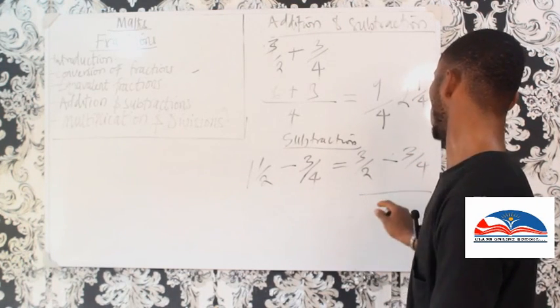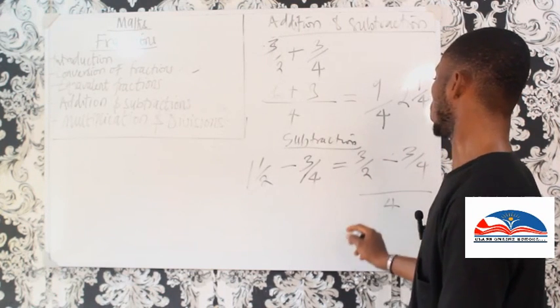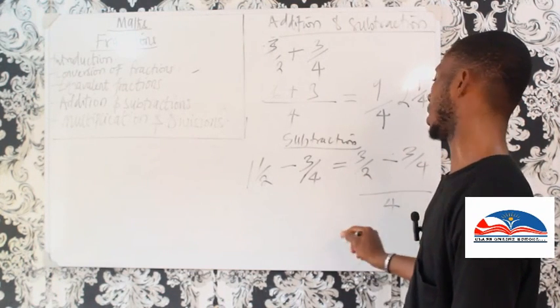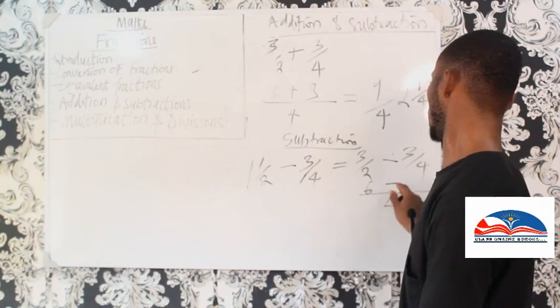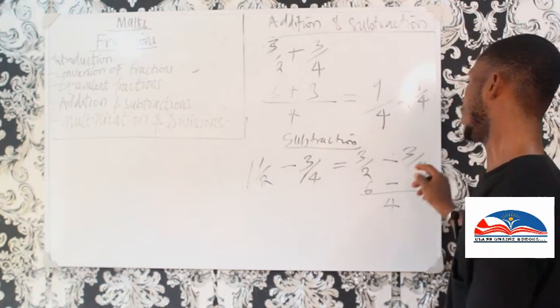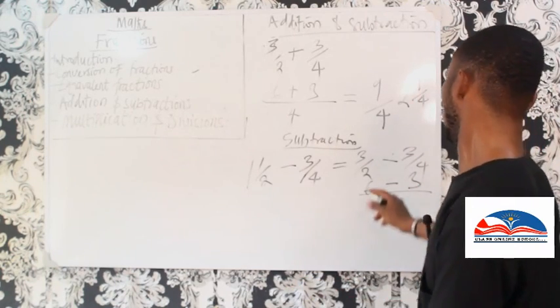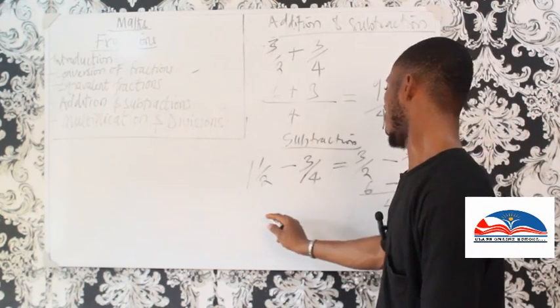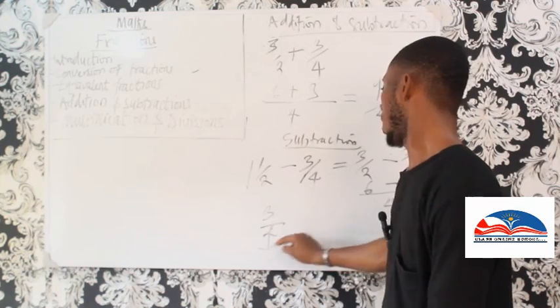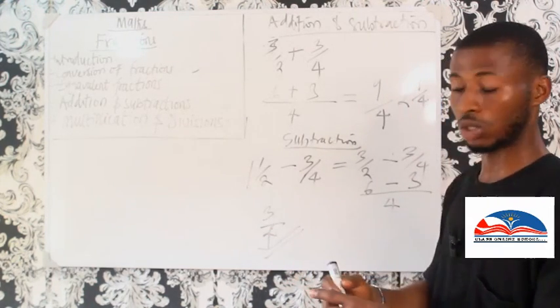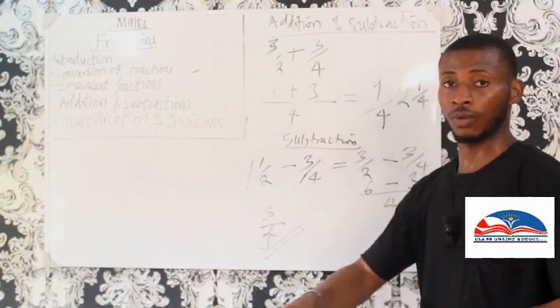LCM of 2 and 4 is what? 4. 4 into 2 is 2. 2 times 3 is 6. 6 minus 4 into 4 is 1. 1 times 3 is 3. 6 minus 3. Now 6 minus 3 is what? 3. I have 3 all over 4 and it's a normal fraction. 3 over 4.